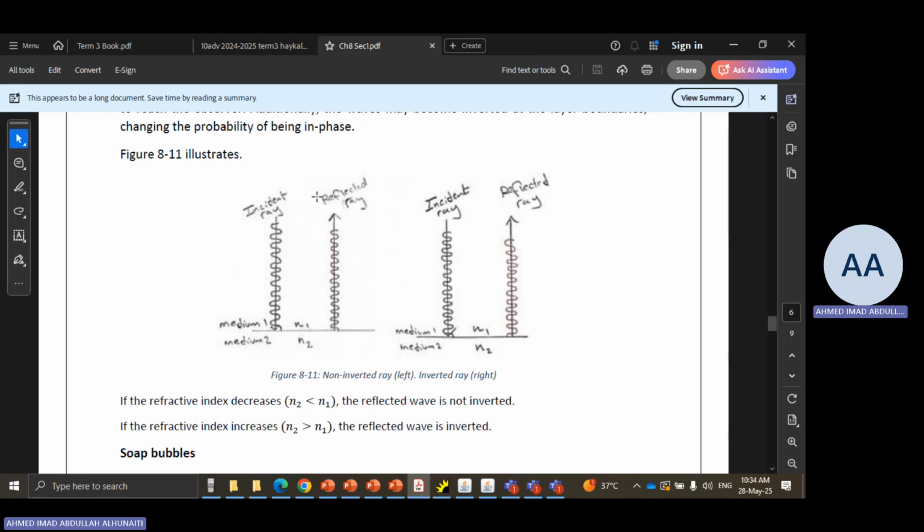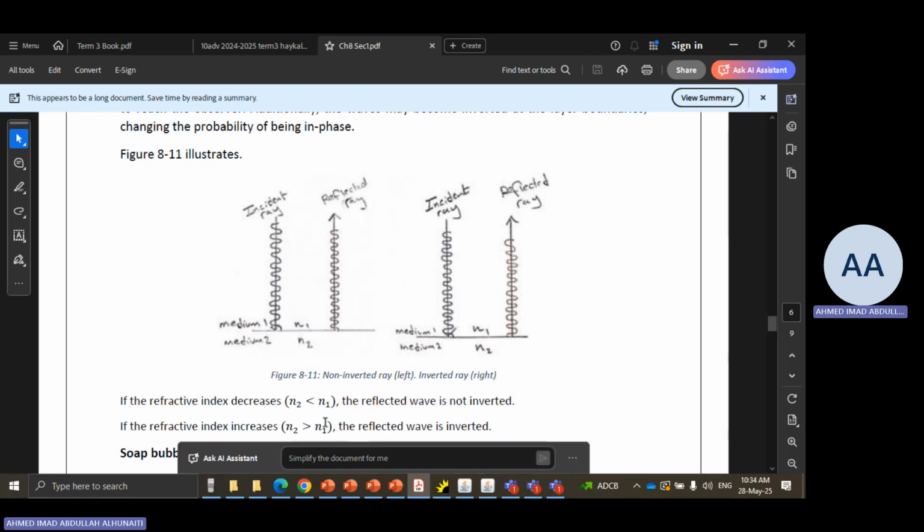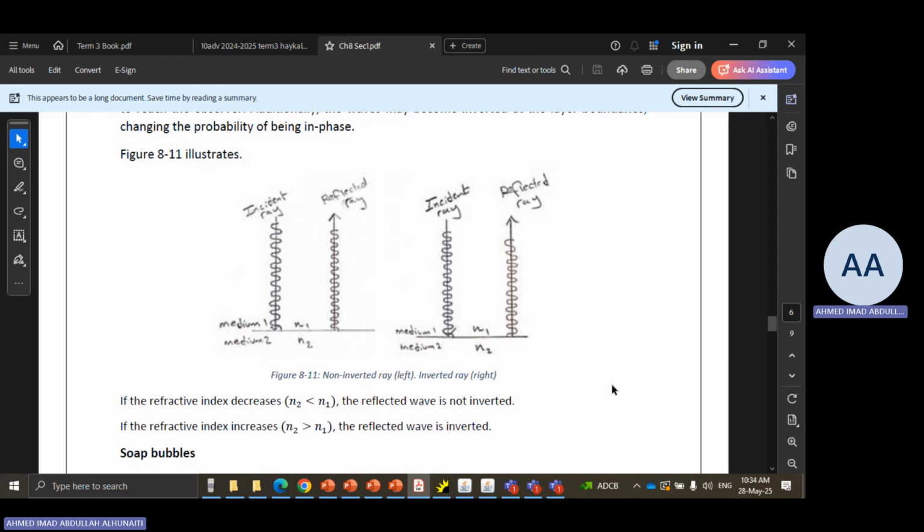Now, how can we determine whether the wave will be inverted or not? It depends on the refractive index of the two mediums, medium 1 and medium 2. If the refractive index decreases, so n2 is smaller than n1, then the reflected wave is not inverted. However, if it increases, then the reflected wave is inverted.